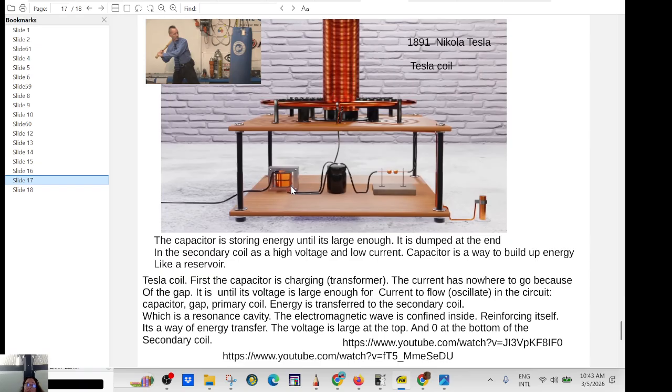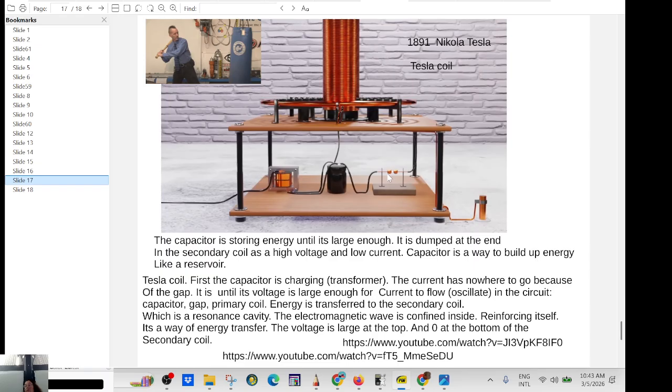Okay, so here you have a transformer, and that's your capacitor here. Okay, and you're gonna charge the capacitor until you reach a voltage high enough.